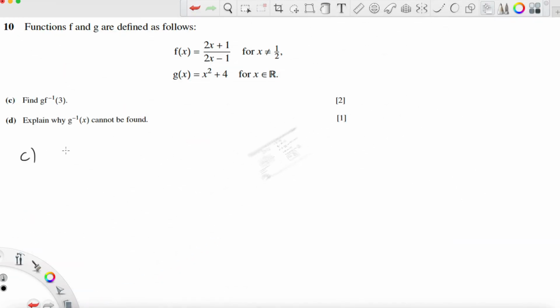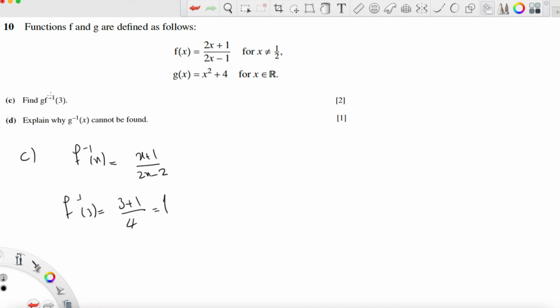second part. Part C, you're supposed to find g of f inverse of 3. We found the equation of f inverse of x in the previous part, which was (x plus 1) over (2x minus 2). I first find f inverse of 3, so it is (3 plus 1) over 4, which is 1 actually.